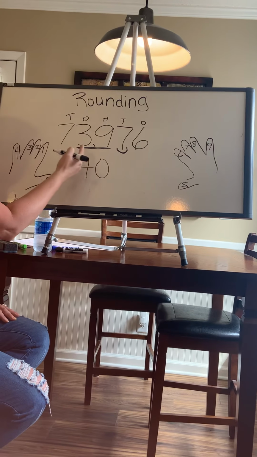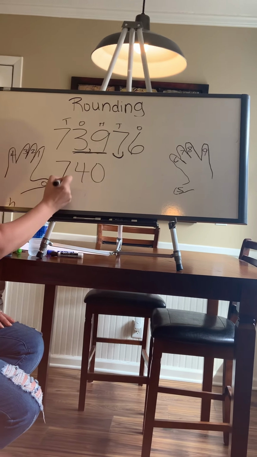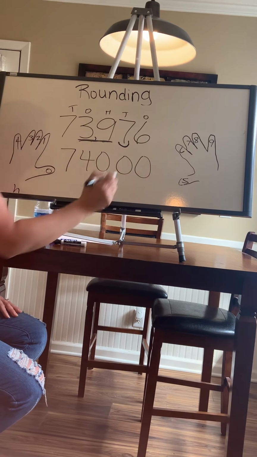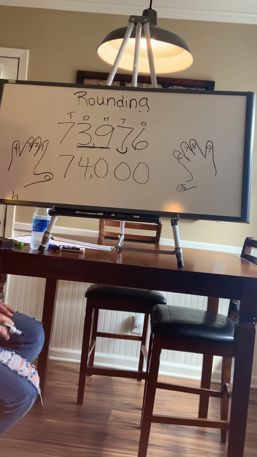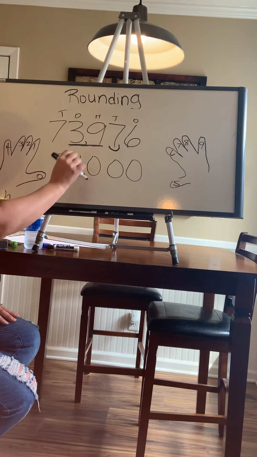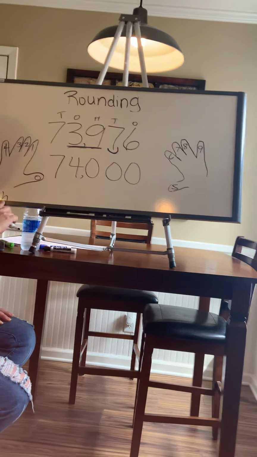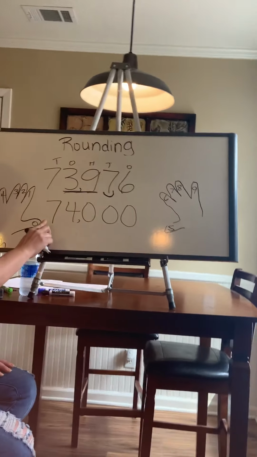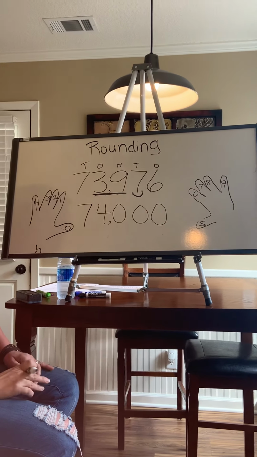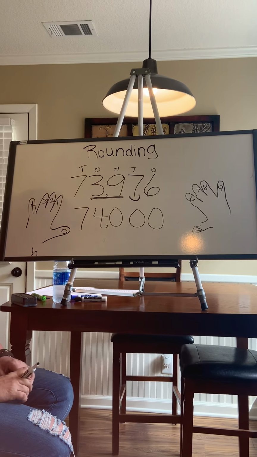Everything before stays the same. And everything after turns to a 0. So 73,976, when rounded to the nearest hundreds place, rounds to 74,000. That's the tricky 9.